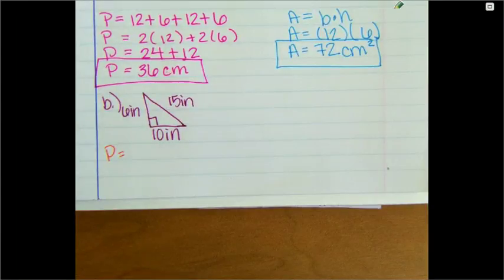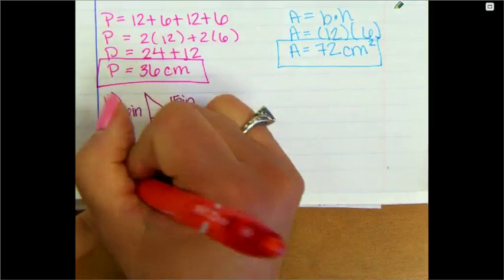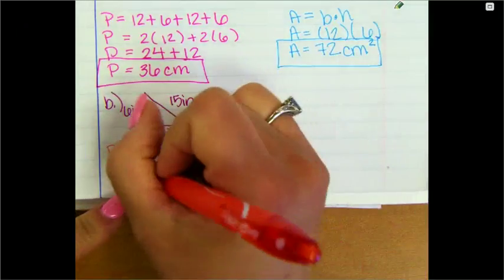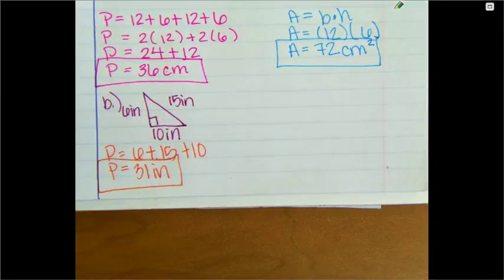All right, how do we find perimeter? 6 plus 15 plus 10. So I get perimeter equals how much? 31 inches. Good.